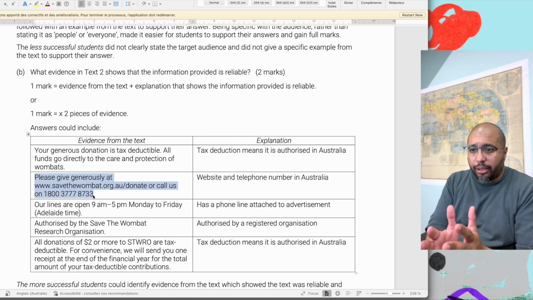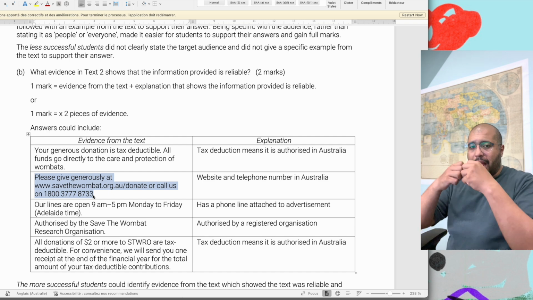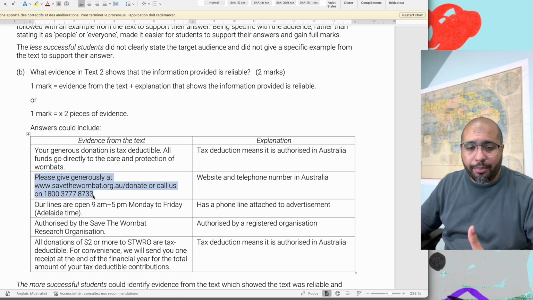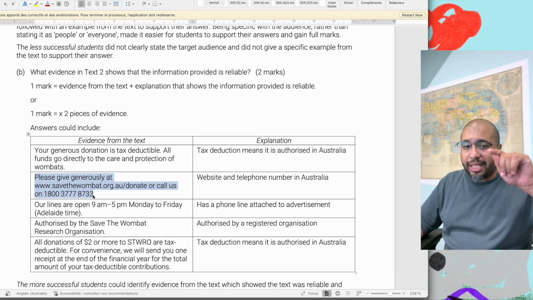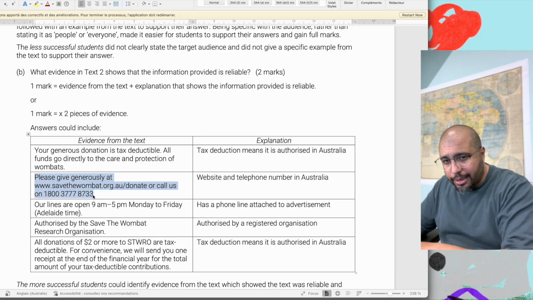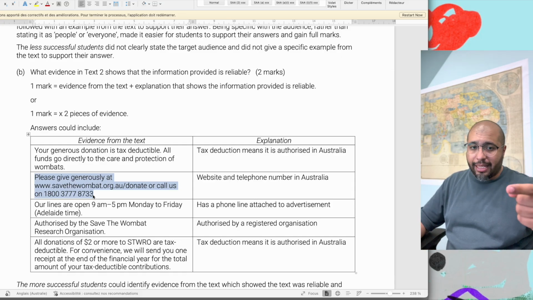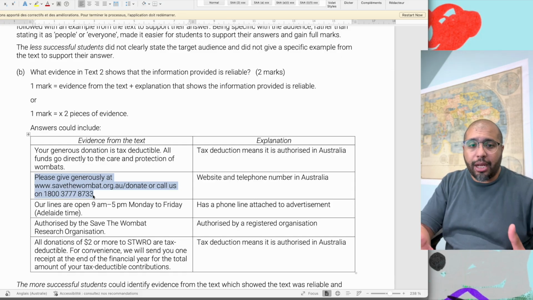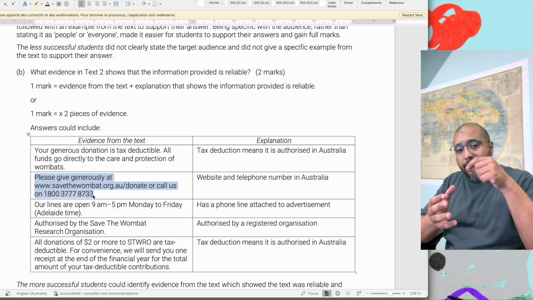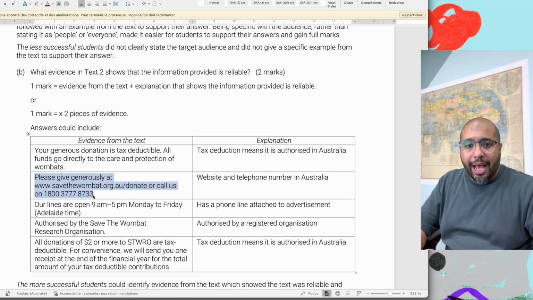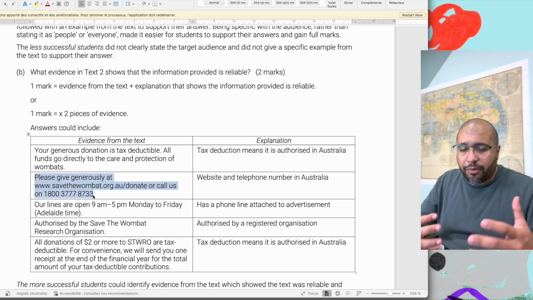The examiners are looking for evidence that you have the ability to understand the text, evidence that you have the ability to analyze the text, and also evidence that you have the ability to write down your analysis of the text using and incorporating elements from the text in your answer. This is what matters the most for examiners.